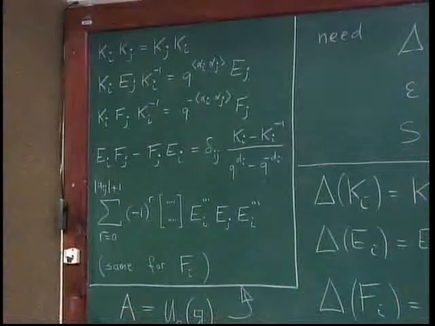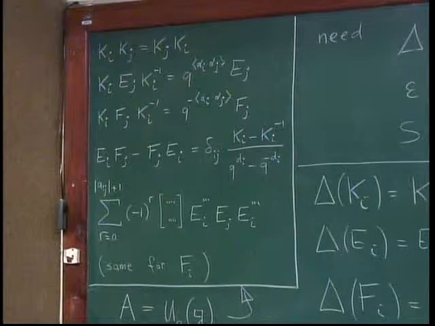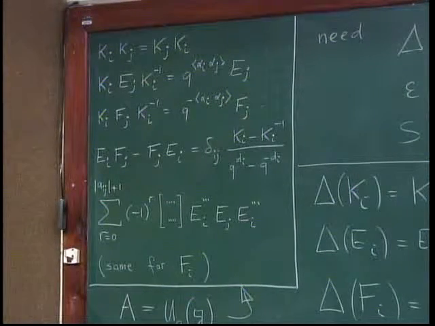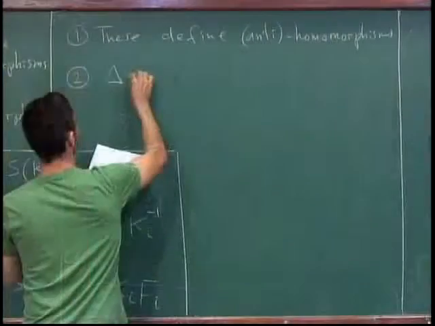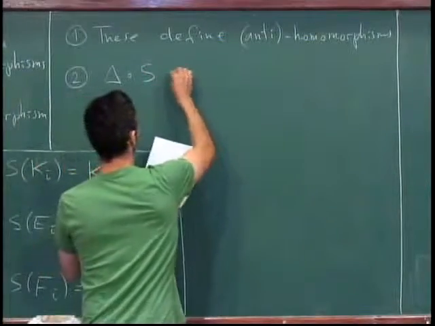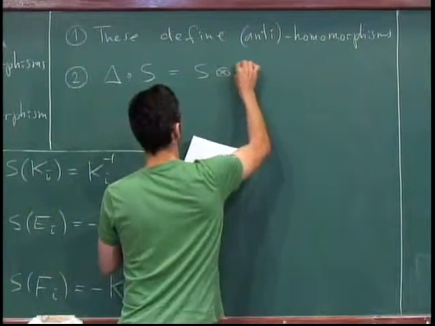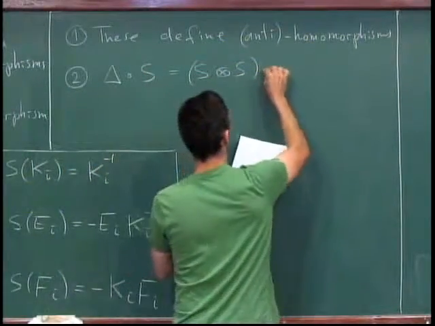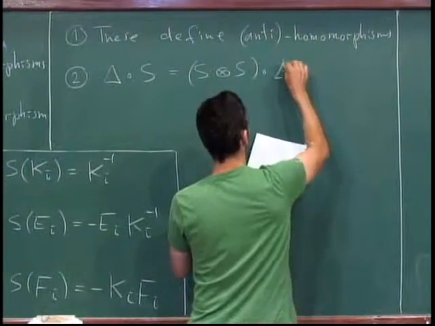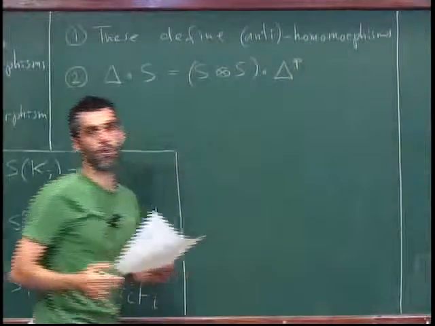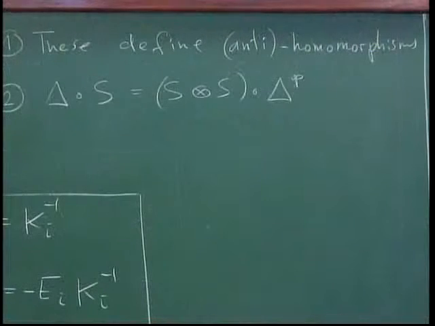Second thing that needs to be checked is that the antipode is a coalgebra anti-homomorphism.